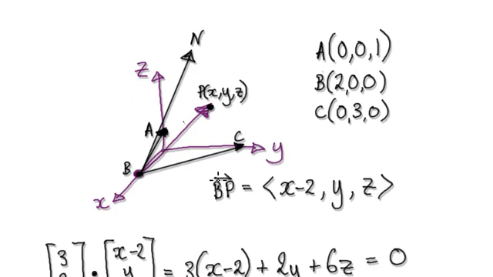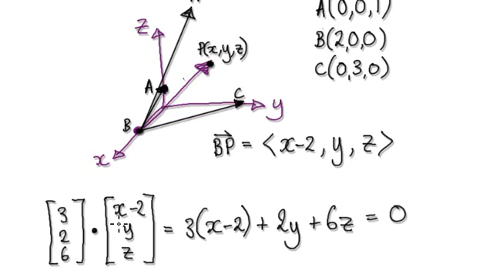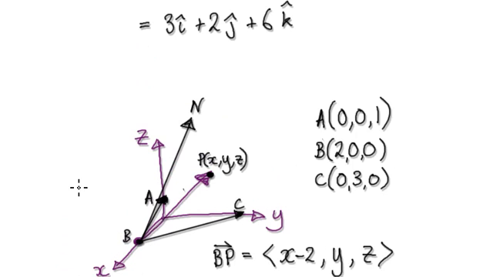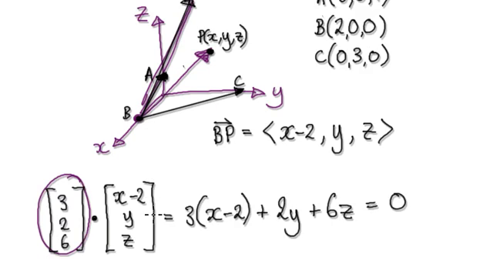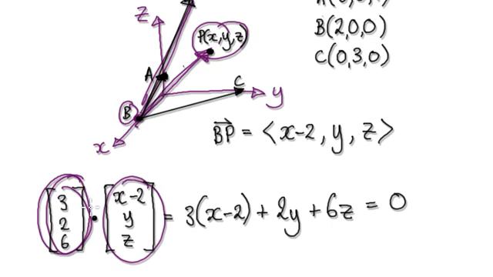And remember, we need to demand the dot product of our normal vector, which is 3, 2, 6. This is our normal vector. So we need to demand that the dot product of the normal vector and the vector from B to our general point, which is this vector here, must equal 0.